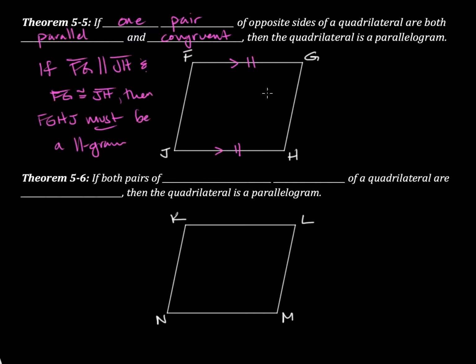That's what theorem 5-5 tells us: if this pair of sides are both parallel and congruent to each other, then this shape must be a parallelogram.